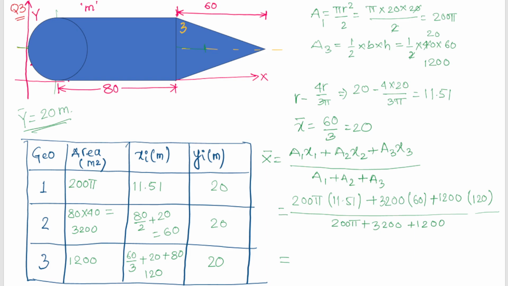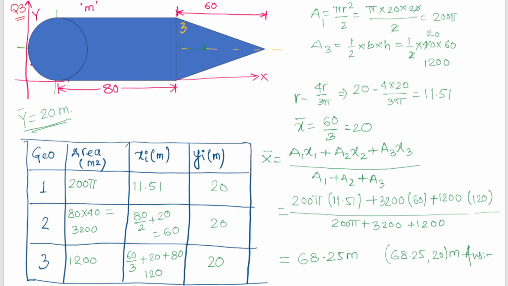The numerator comes out to be something like 3,43,000, divided by 200 pi plus 3200 plus 1200. So this position is 68.25 meters. So the center of gravity or centroid will be given as 68.25 comma 20, the unit is meter.